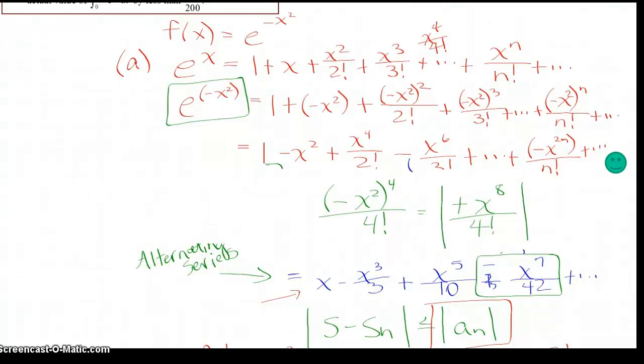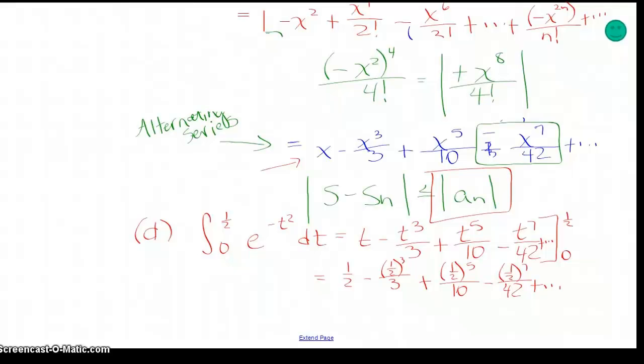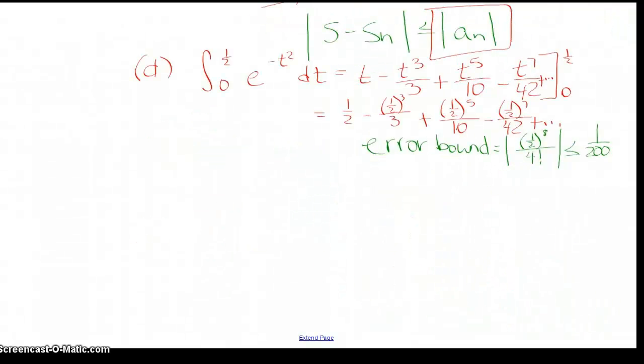And our error at x equal 1/2 would have to be less than our error bound, which would equal the absolute value of 1/2 to the 8th over 4 factorial, and we would have to prove that that was less than 1/200th. And that's usually how they ask you to answer these kinds of questions. So hopefully I don't get cut off, but this is 1 over 2 to the 8th times 24. That's 4 factorial, and we would just have to show that we recognize that's less than 1/200th.